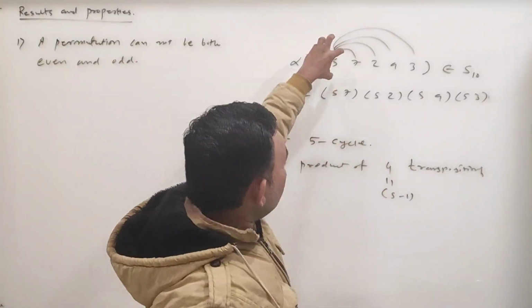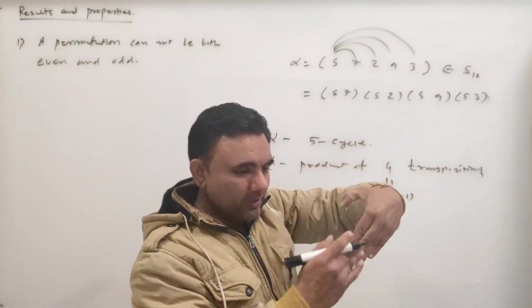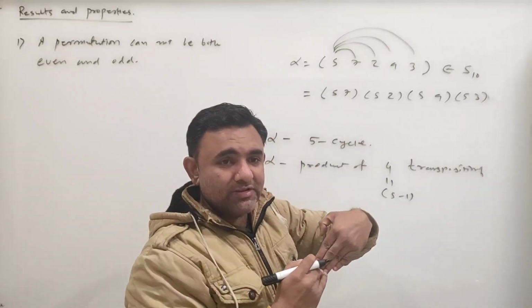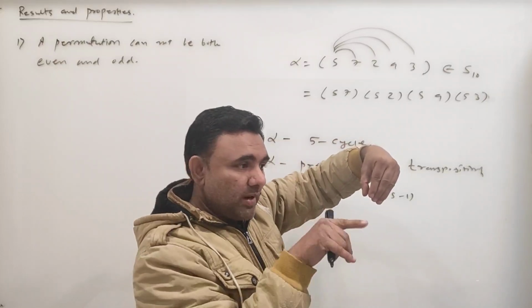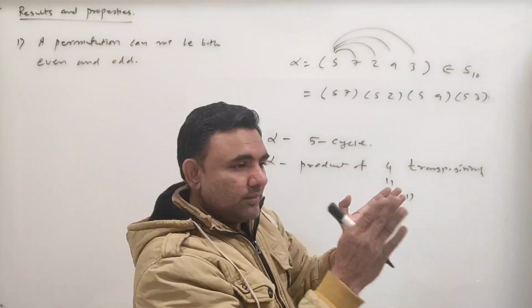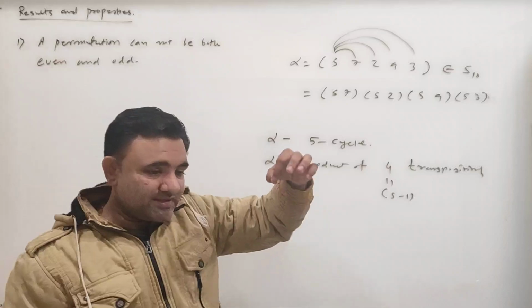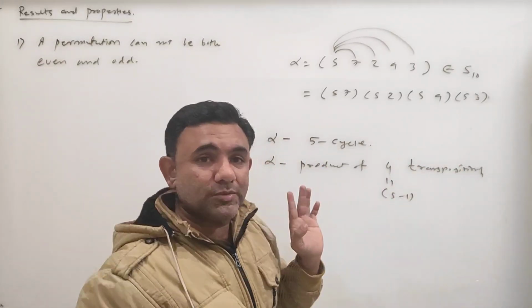And 4 is what? It is 5 minus 1. तो ऑब्वियसली हमने 5 को फिक्स किया और ये 5 के साथ हर एक की पेयर बनाई. मतलब मेरे पास सपोज n लेंथ का साइकिल है. Suppose I have a cycle of length n. तो उसमें से मैं एक को फिक्स करूँगा और बाकी के हर एक के साथ मैं उसकी पेयर बनाऊँगा. And that pair gives me a transposition, and as a result a cycle of length n is a product of n minus 1 transpositions.